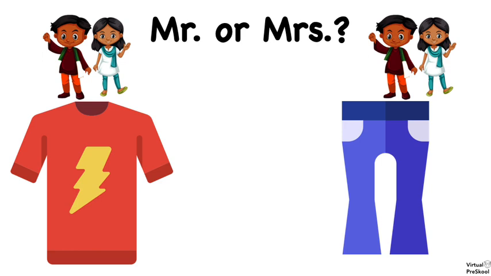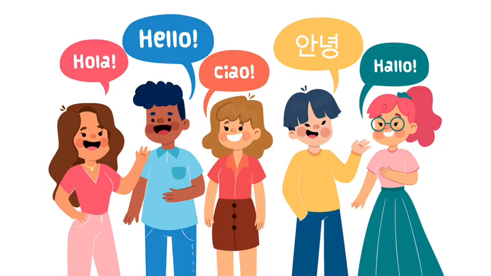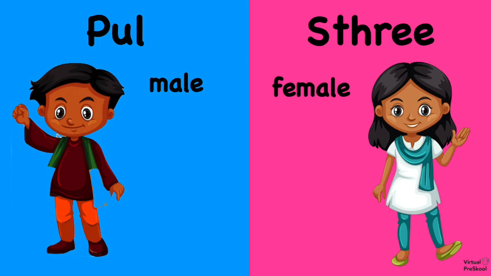What matters is the noun category for the item. So is shirt a Mr. or a Mrs.? Or are pants a Mr. or a Mrs.? And again, I know this seems silly, but remember, every language in the world has its own rules. And noun categories are a part of Hindi.